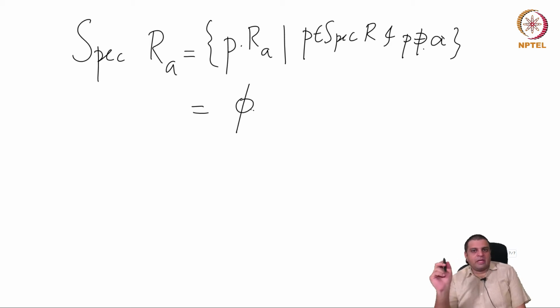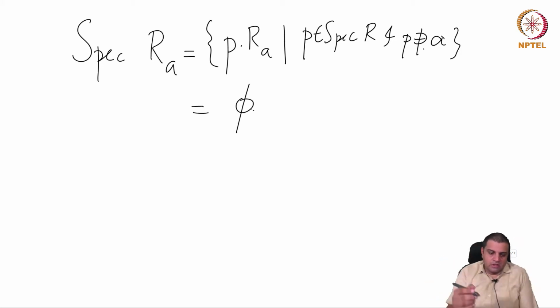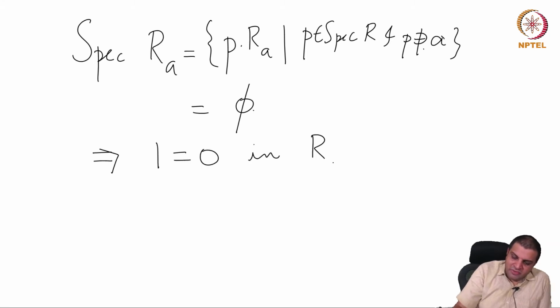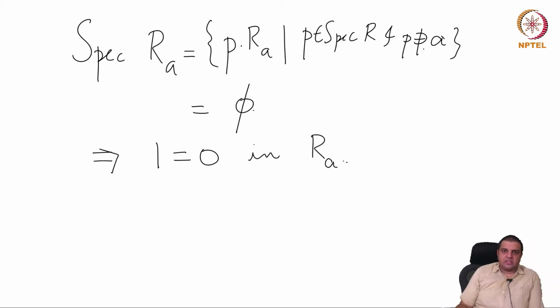The only ring with that property is a ring in which 1 is equal to 0. So now this implies that 1 equals 0 in R_a. We had not ruled out such rings. We had never said that 1 is the multiplicative identity and 0 is the additive identity, and we never ruled out the case that these could be the same.